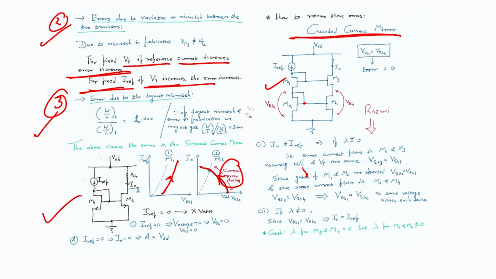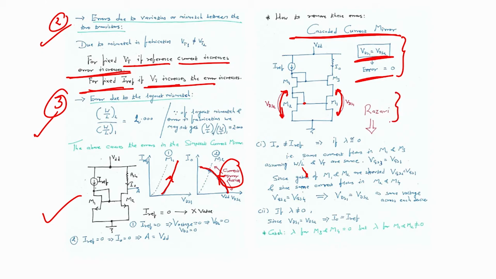Now, you can see here that if I have VDS1 equals VDS2, my error would be 0. The cascaded current mirror was studied by 2 different groups.